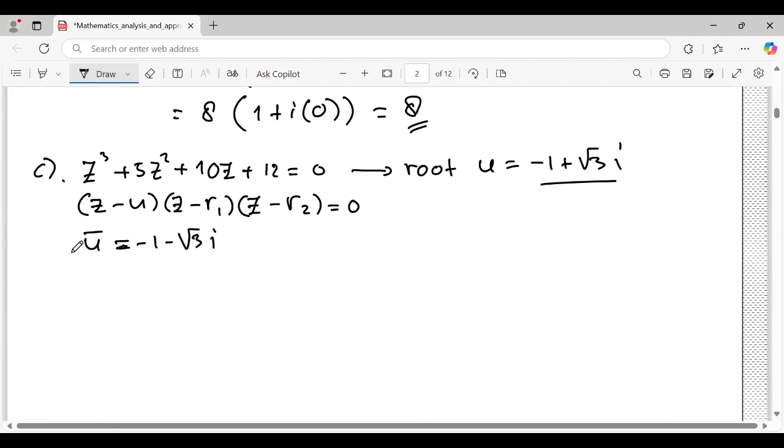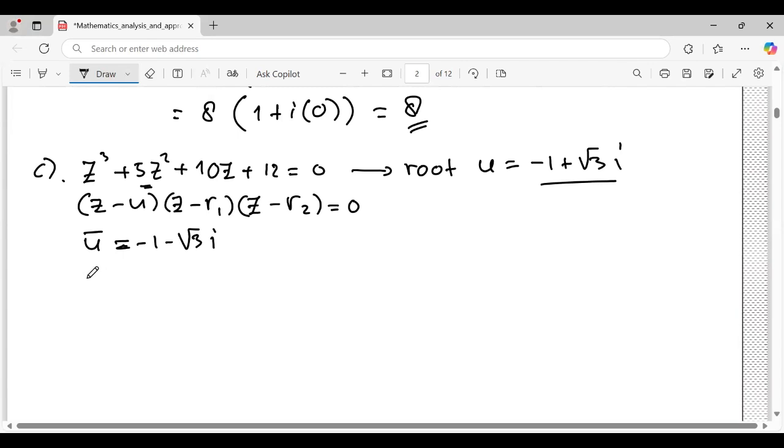So this is the second root. The first root is minus 1 plus square root 3 i, and the second root is the conjugate of u, minus 1 minus square root 3 i. Next, by Vieta's formula, the sum of the roots is given by the coefficient of z squared.